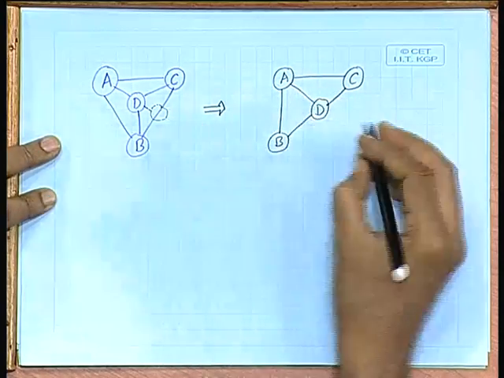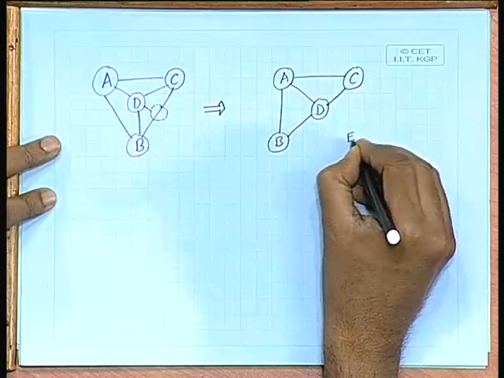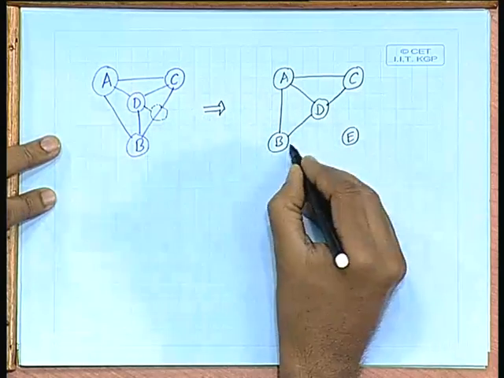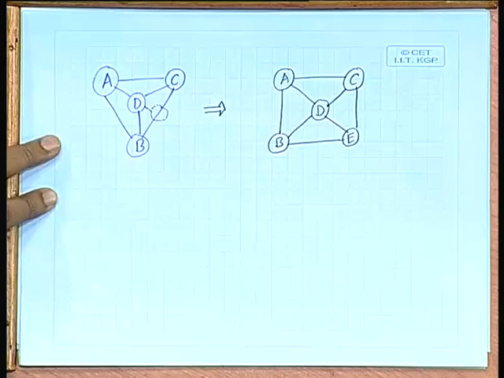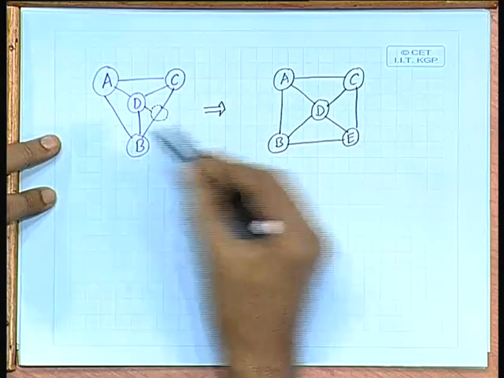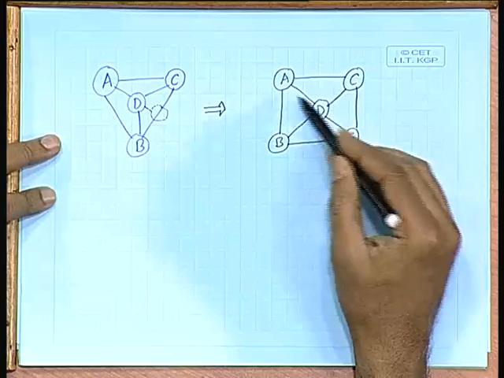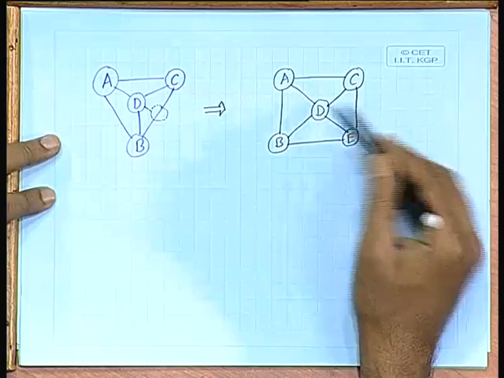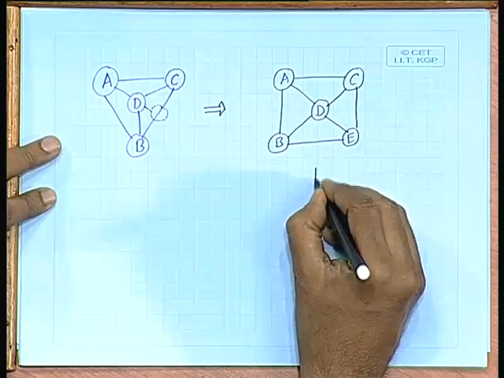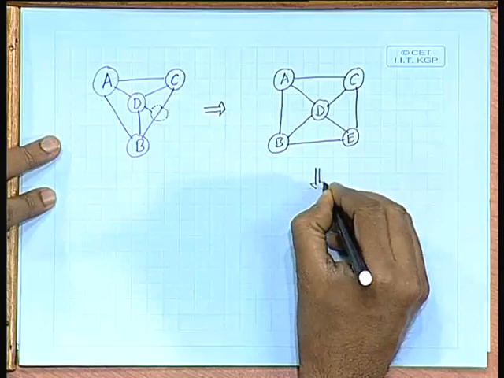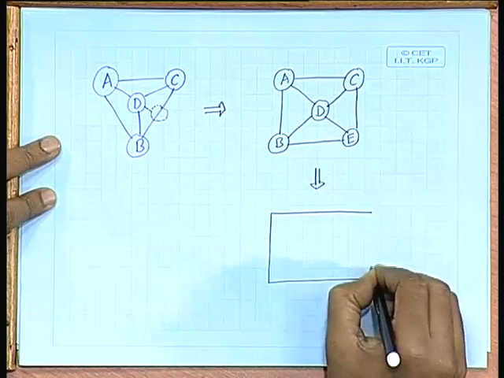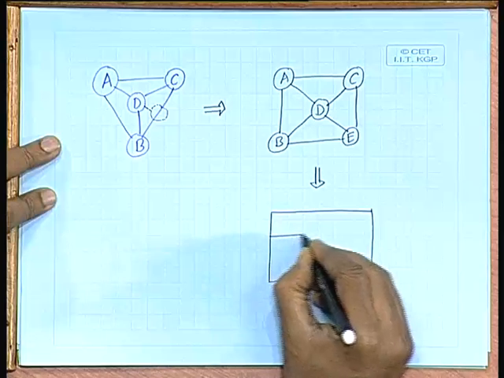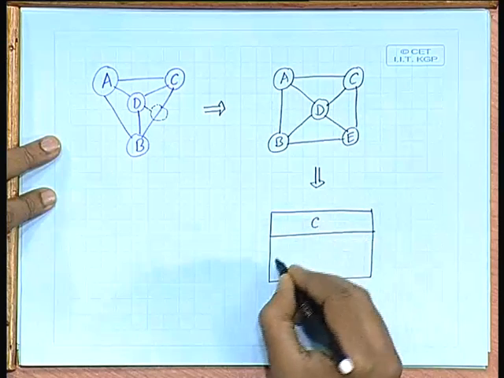This new vertex we are calling E. E lies between B and C, and there is a new edge between D and E. Now the new graph is nicely triangulated, with 4 triangular faces and no complex triangle, and if you convert this into the rectangular dual, you get the corresponding floor plan also. One possible floor plan is this.